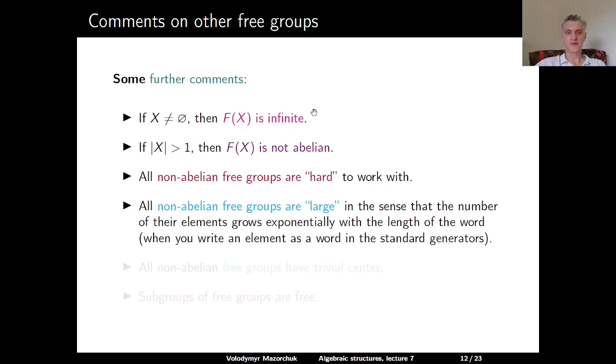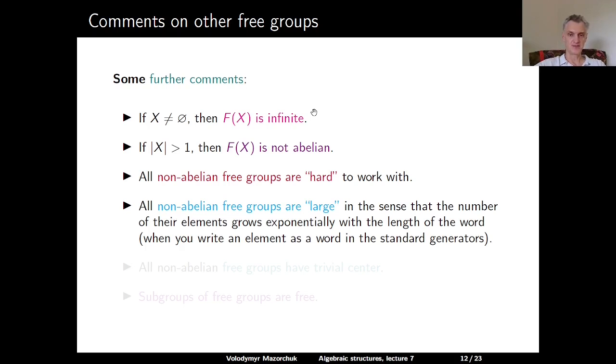All these non-abelian free groups are large in a certain sense, in the sense that the number of their elements grows exponentially with the length of the word. If we increase the length of the word in the canonical generators, the number of elements in the free group which can be expressed by words of those lengths grows exponentially.